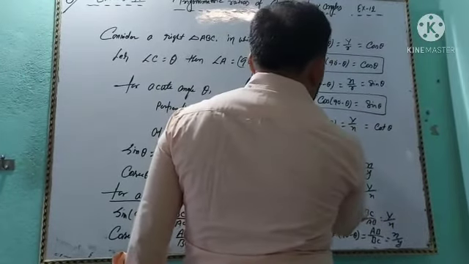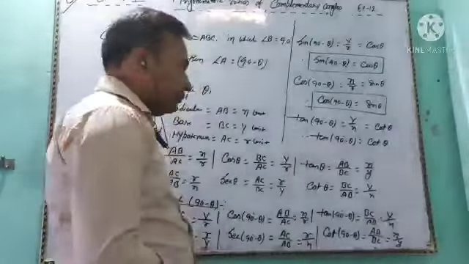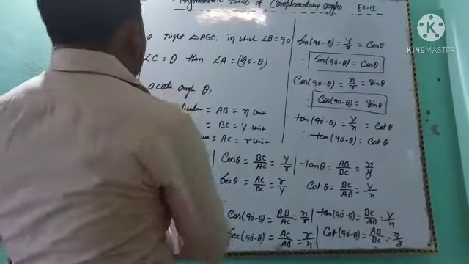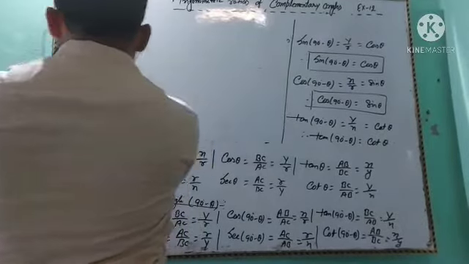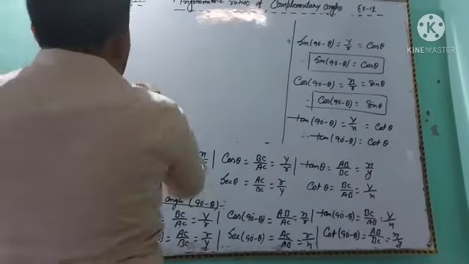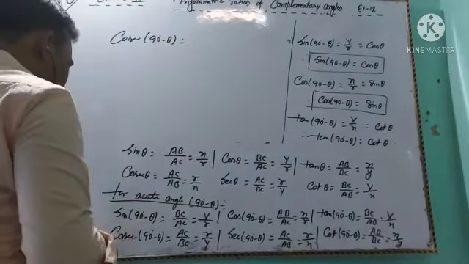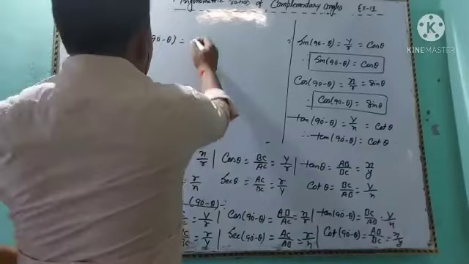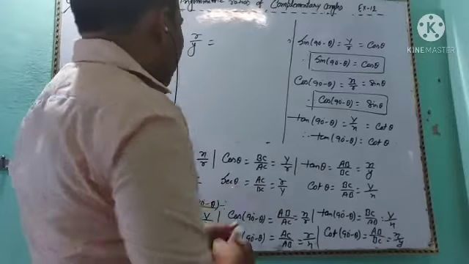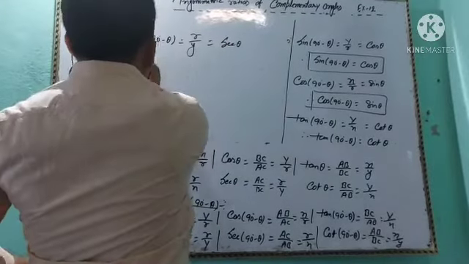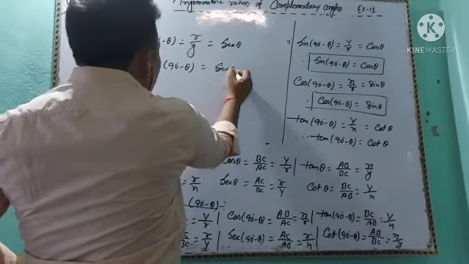So students, tan(90° − θ) is equal to cot θ. Okay. Cosec(90° − θ) is equal to r by y, and r by y is equal to sec θ. So students, cosec(90° − θ) is equal to sec θ.